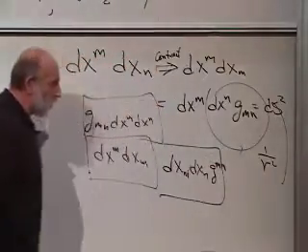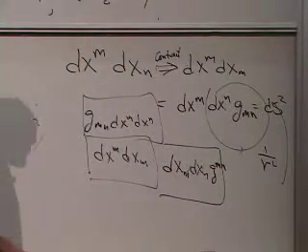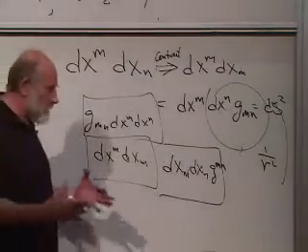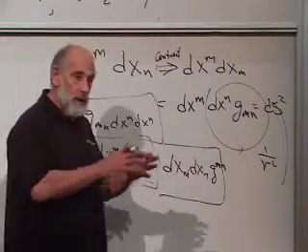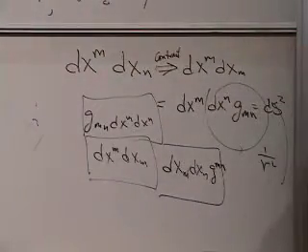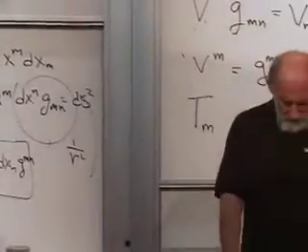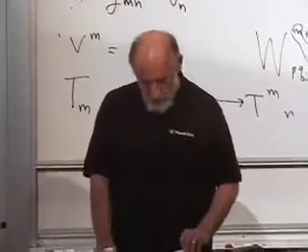That's also equal to the same thing. They're all equal to each other, and they're all equal to the distance between the points, which are separated by the differential displacements dx. All right, that's the basic idea of the metric.